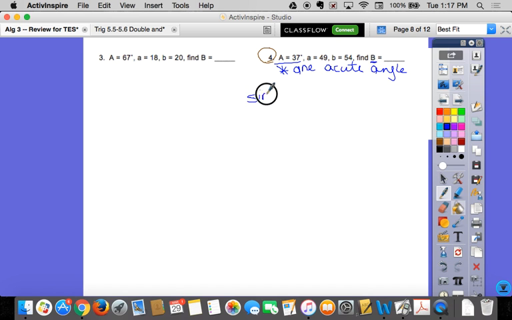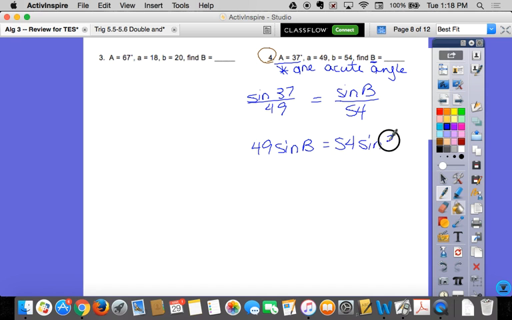So when you set this up, you've got sine of 37 over 49, so angle A over little a, and then you've got angle B over little b. Oops, that's a 54, so let's stick 54 in there. Cross multiply: 49 sine B equals 54 sine 37.